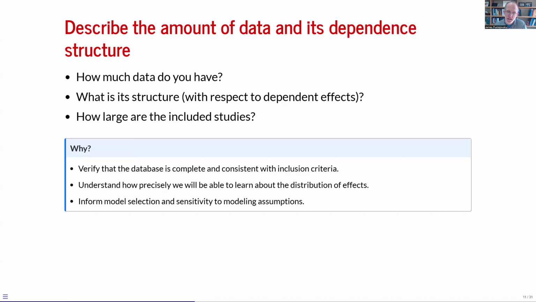And more complexity means more complexity in figuring out an appropriate model for the data. The last reason is that understanding how much data you have and its structure is going to tell us something, at least initially, about what sorts of models you might need to use and how sensitive your analysis will be to the specific modeling assumptions you make.